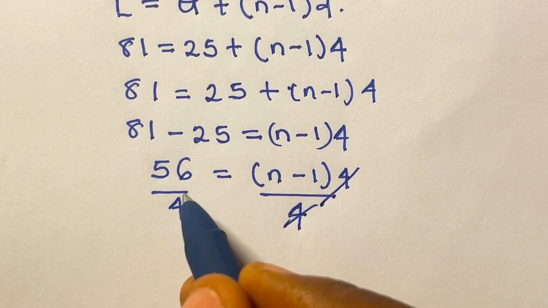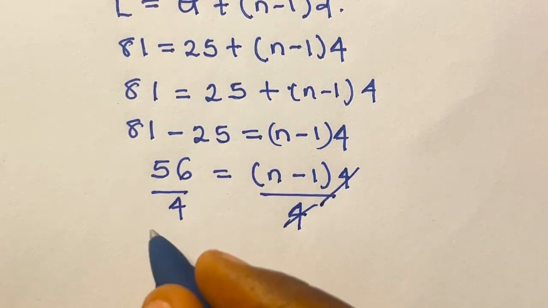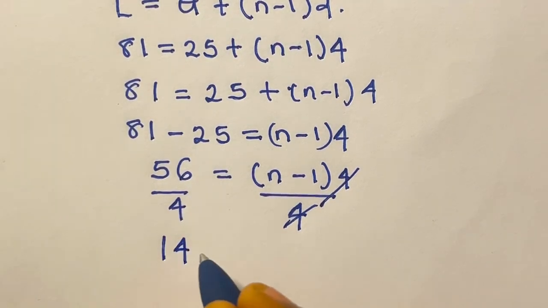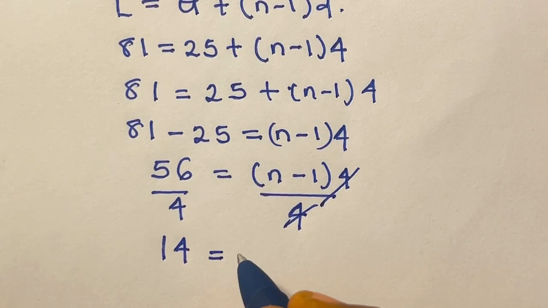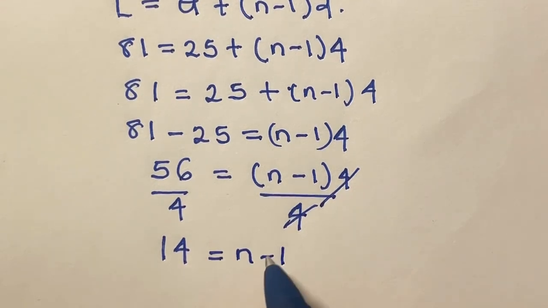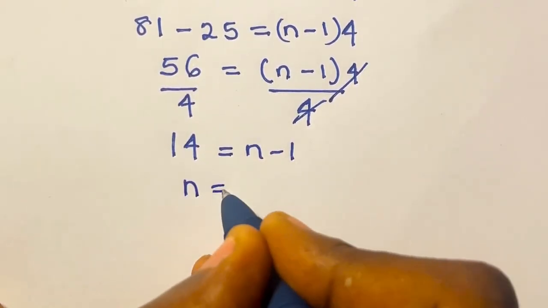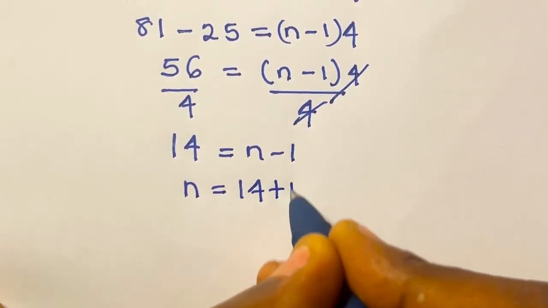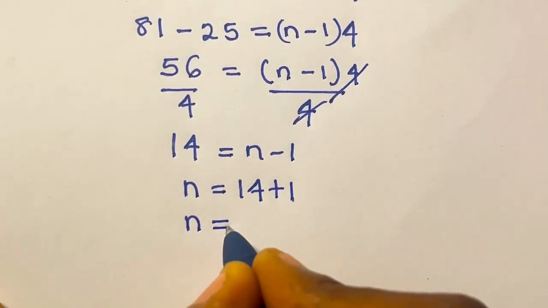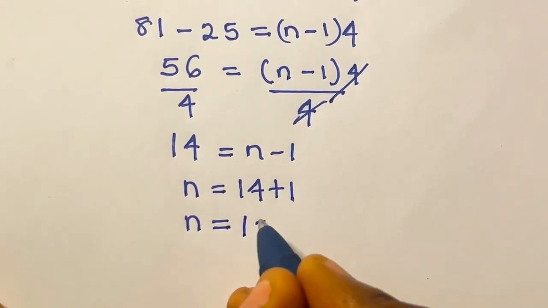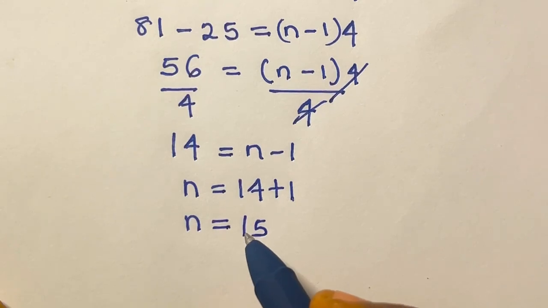So 56 divided by 4 will give us 14. And that equals n minus 1. If you transfer 1 to the other side, we are going to have our n to be 14 plus 1, which means that our n equals 15. So this is the number of our terms.